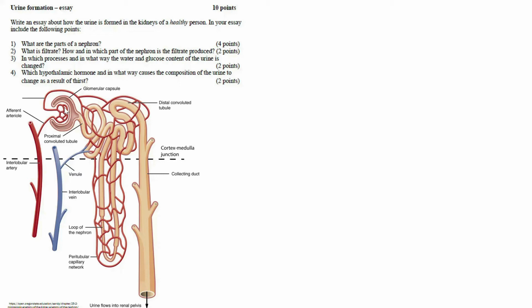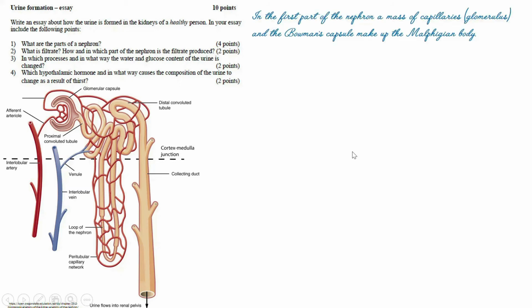The glomerulus will be surrounded by the Bowman's capsule, or sometimes we can call it the glomerular capsule. These two things together will build up the Malpighian corpuscle. So that's the first thing that must be written down. The first part of the nephron, the mass of capillaries, the glomerulus, and the Bowman's capsule make up the Malpighian body. That's the first part. Let's move on.